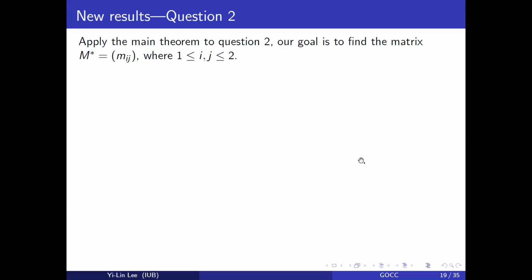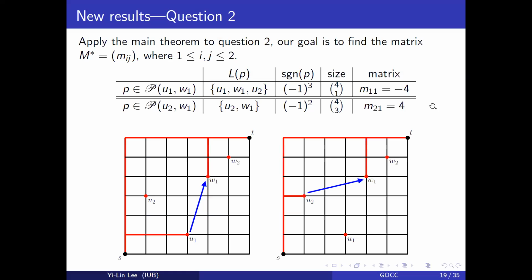Okay, so let's look at the second question. What we saw previously is that the original Lindström-Gessel-Viennot theorem doesn't work in this case, because U1, U2, W1, W2 are not compatible. But we still want to know how many non-intersecting lattice paths we have in this problem.